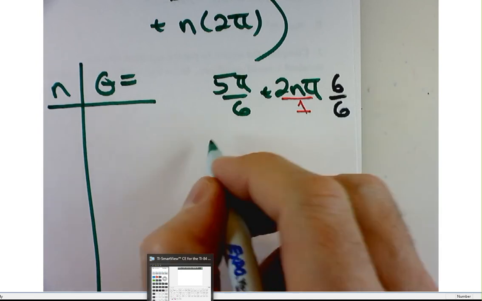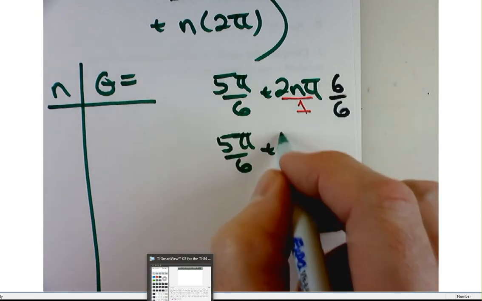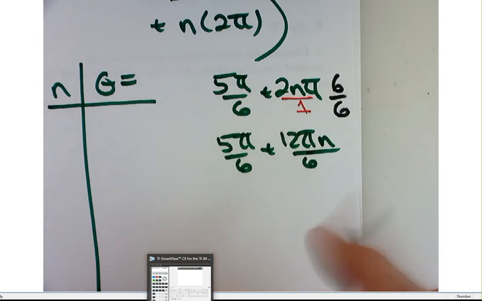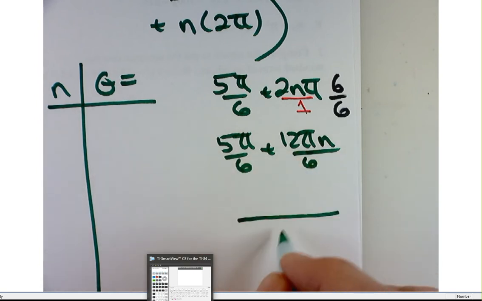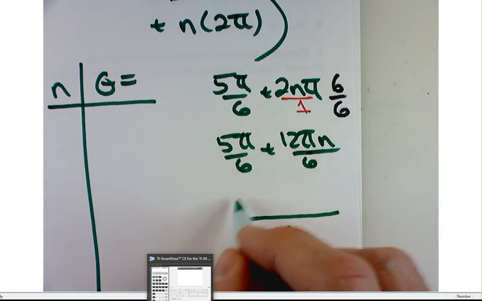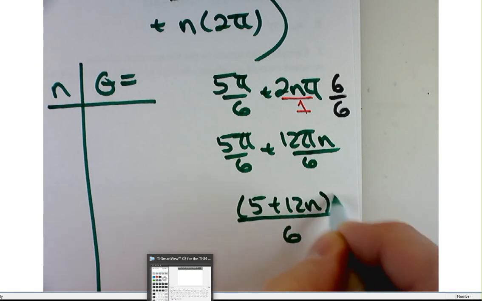So that's going to be 5 pi over 6 plus 12 pi over 6 times n. Forgot the n there. Now, these have a common denominator, so I'll put that over a common denominator. And I'm going to factor out the pi from this. So it's going to leave behind 5 plus 12n times pi.